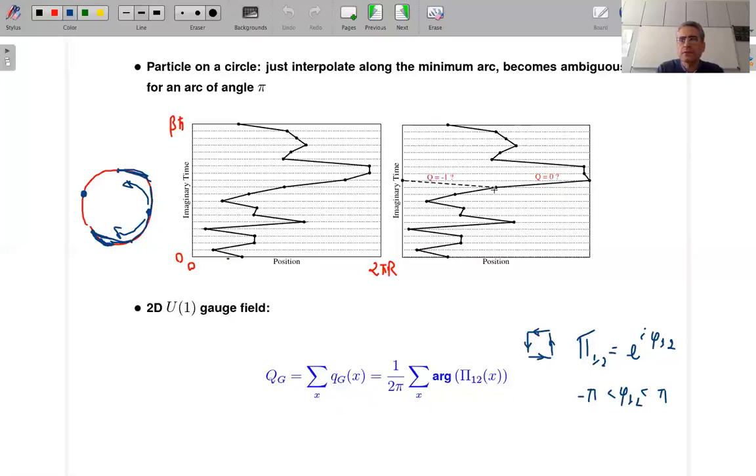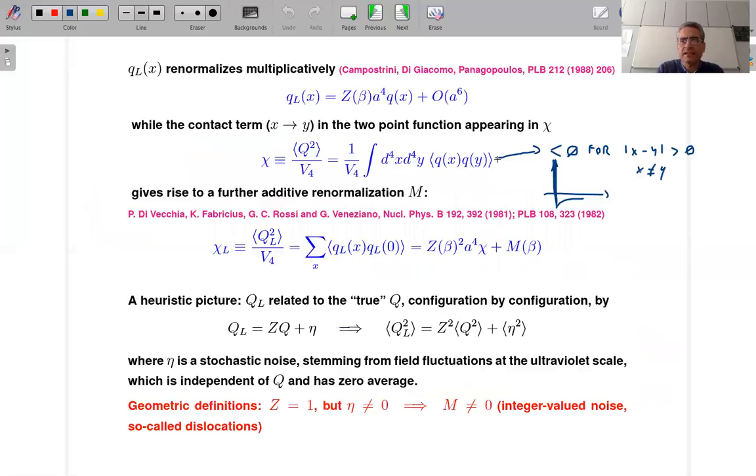So small fluctuations of the field around this configuration may bring you in the trivial topological sector or in a non-trivial topological sector. This is just related to the fluctuations at the ultraviolet scale. So they contribute in some sense to this noise that you have around the true topological background. And so the bottom line is that the geometric definitions do not renormalize multiplicatively, but the additive renormalization is still present, and you have to take care of it.